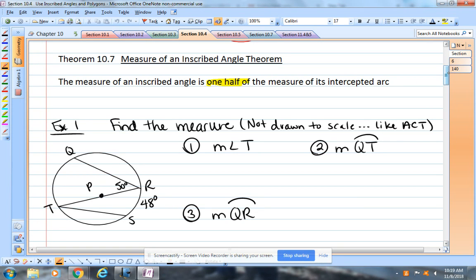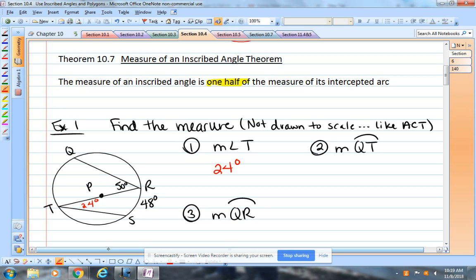And we know its measure is 48. So angle T, how are we going to get that? We're going to have 48 divided by 2. So what's half of 48 degrees? 24 degrees. So the measure of angle T is 24 degrees. And if you want to put that on your picture, you can. Does that make sense how we got that one? We know the outside arc, so we have it.